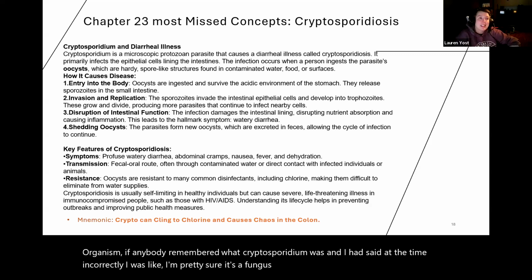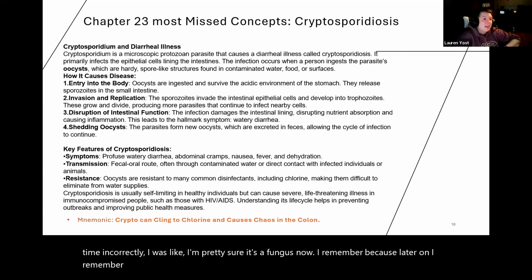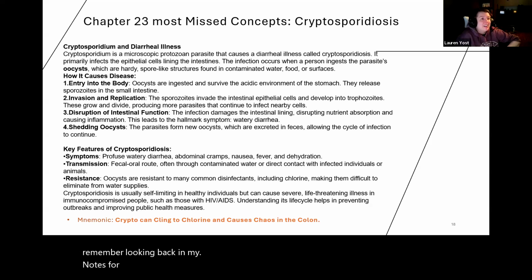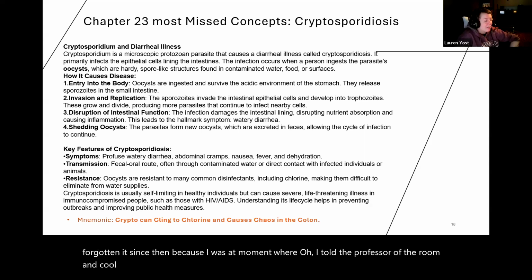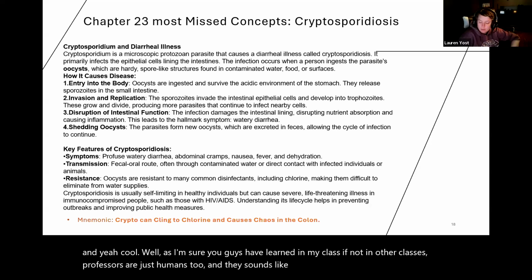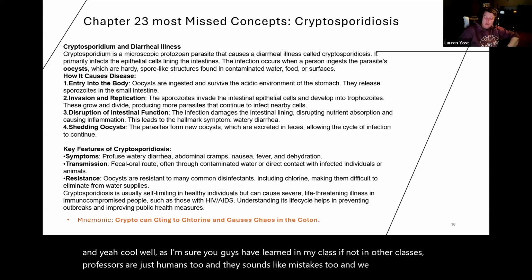Later that day, I remember looking back in my microbiology notes and realizing that it was a protozoa. And I have not forgotten it since then, because I was at that moment like, oh, I told the professor the wrong thing. Yeah, cool. Well, as I'm sure you guys have learned in my class, if not in other classes, professors are just humans too, and they sometimes make mistakes too. And we have our own issues with recall and things like this.